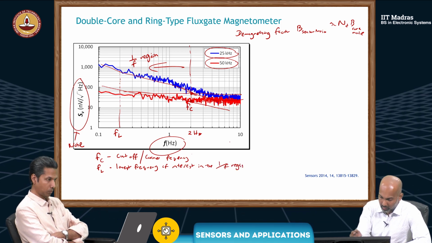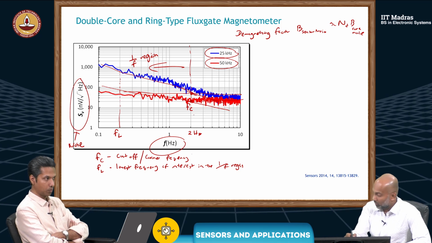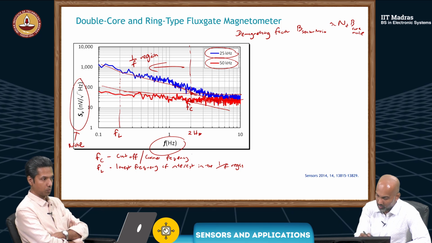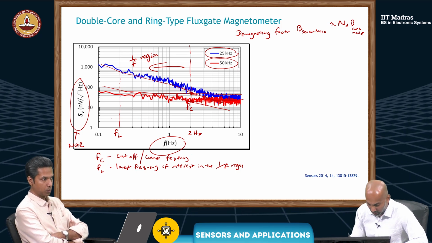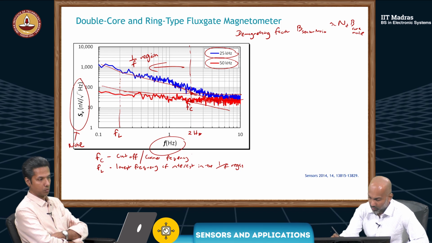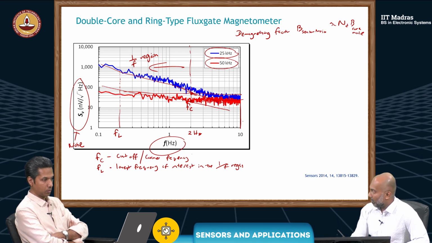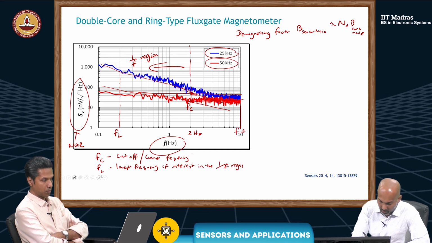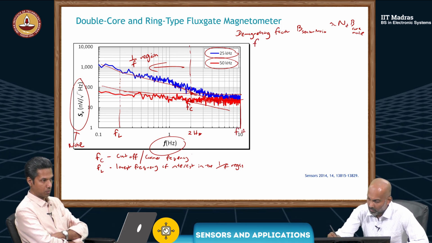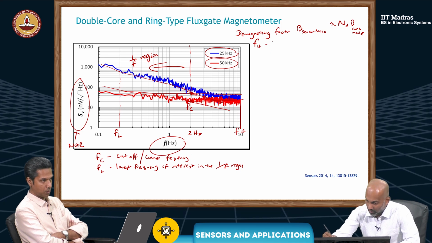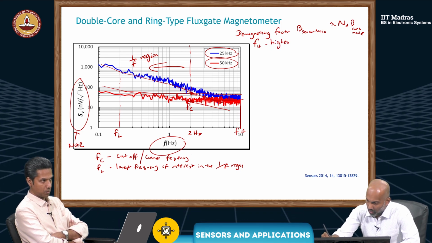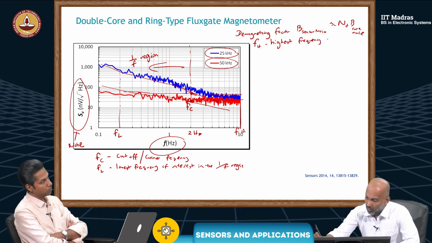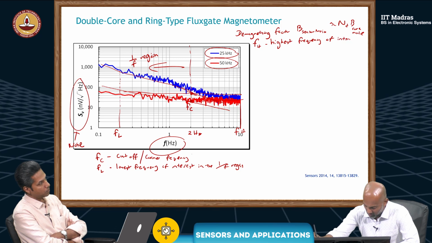This is your 1/f region, this is your cutoff or corner frequency, and this is the lowest frequency. You can even have it from here; it doesn't matter, you choose. And your highest frequency is, let's say, here, at the end of this. You have FH, the highest frequency of interest.